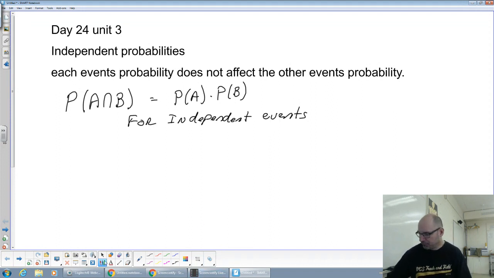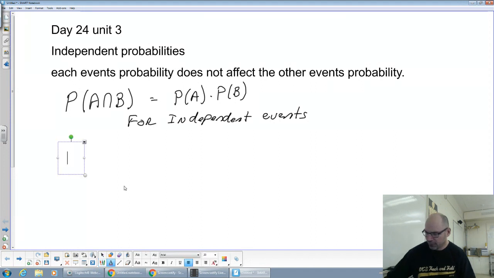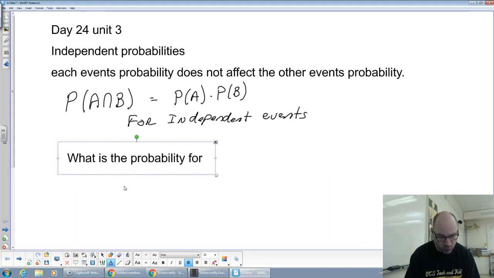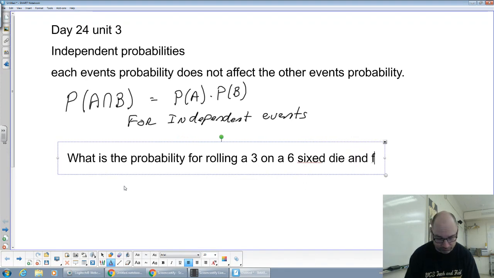Let's do that one again. What is the probability of rolling a 3 on a 6-sided die and flipping heads on a coin?